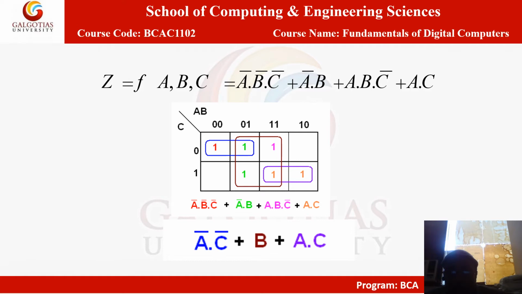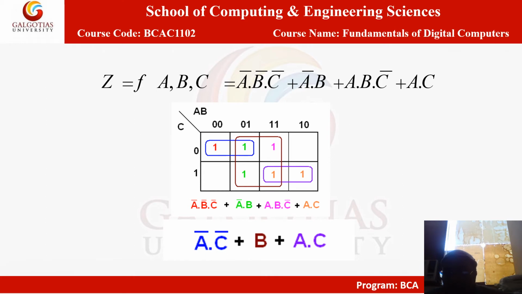Now come to the third group. The third group has 1 1 here in these 2 cells. Both these cells are represented by value 1 of A. A is 1 here and A is also 1 here. So these 2 cells are represented by A equal to 1 and C equal to 1.